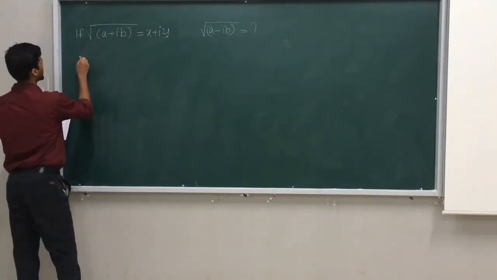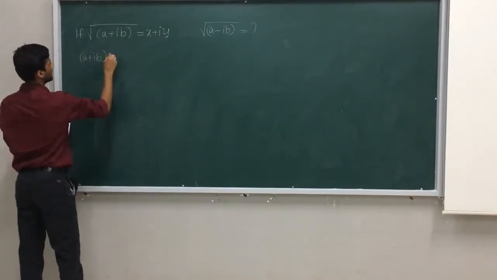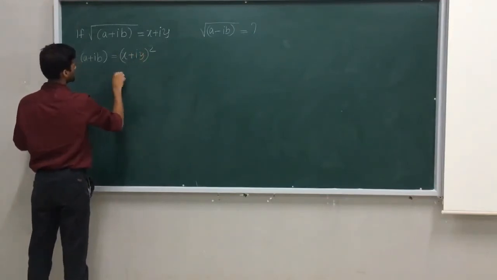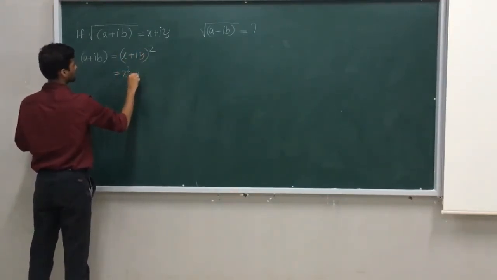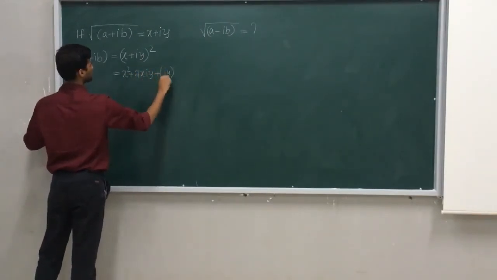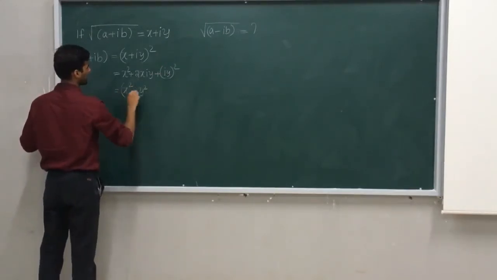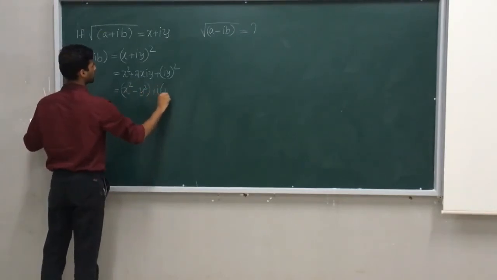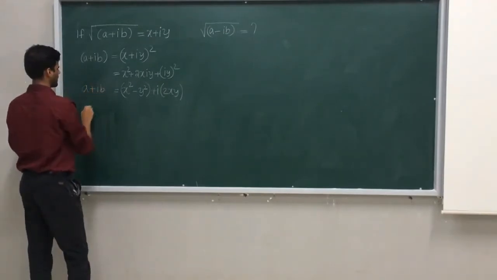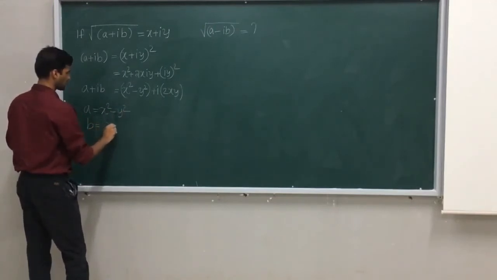If I square on both sides, the square root will cancel on the left, giving a plus ib, and on the right it will become x plus iy the whole square. I will solve this. I will get x square plus 2ixy plus i square y square, which is x square minus y square plus i times 2xy. So I will compare it with a plus ib. I will get a equal to x square minus y square, b equal to 2xy.